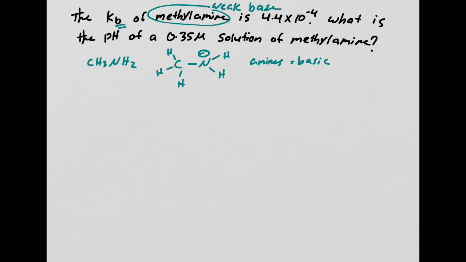Because an acid needs to have an acidic hydrogen to give away, and a base needs to have a minus charge or an electron pair to get that hydrogen. And this one does. So amines, nitrogen has a lone pair, so it can get the hydrogen. And these hydrogens are not acidic. But amines are usually basic because the nitrogen has a lone pair to be able to get the H.